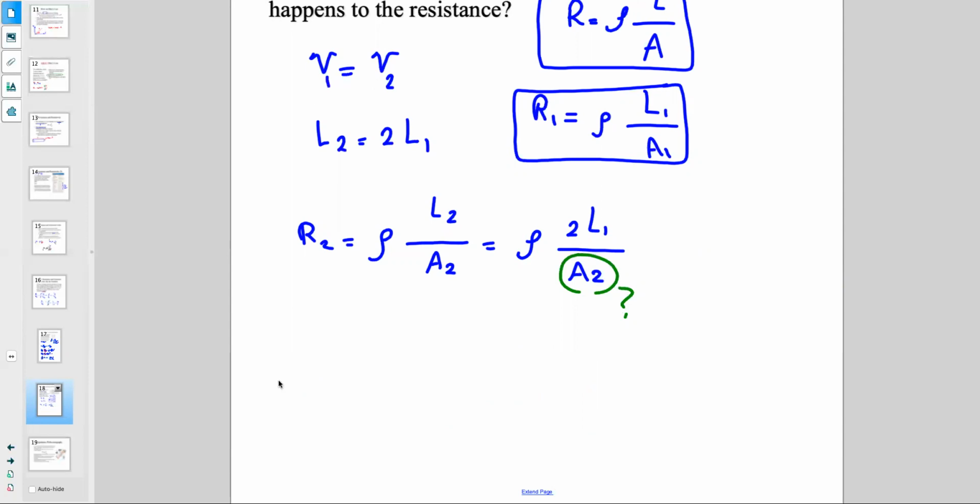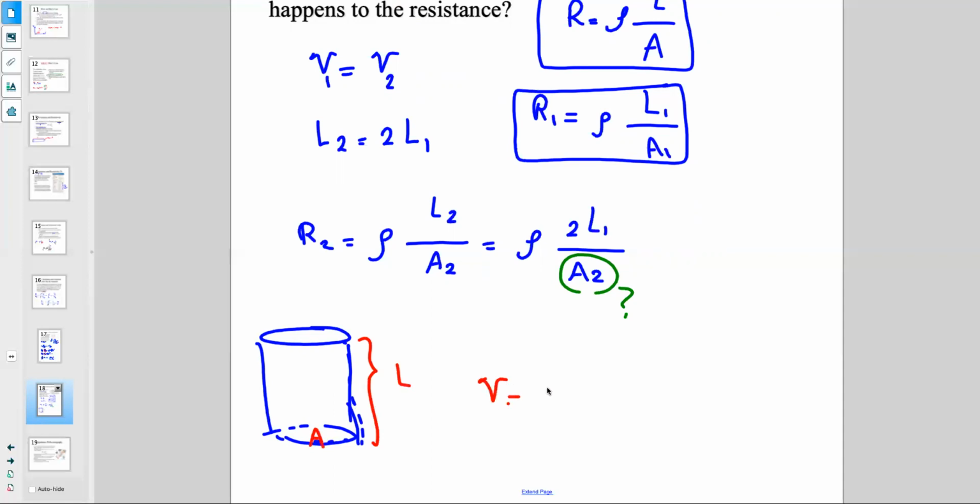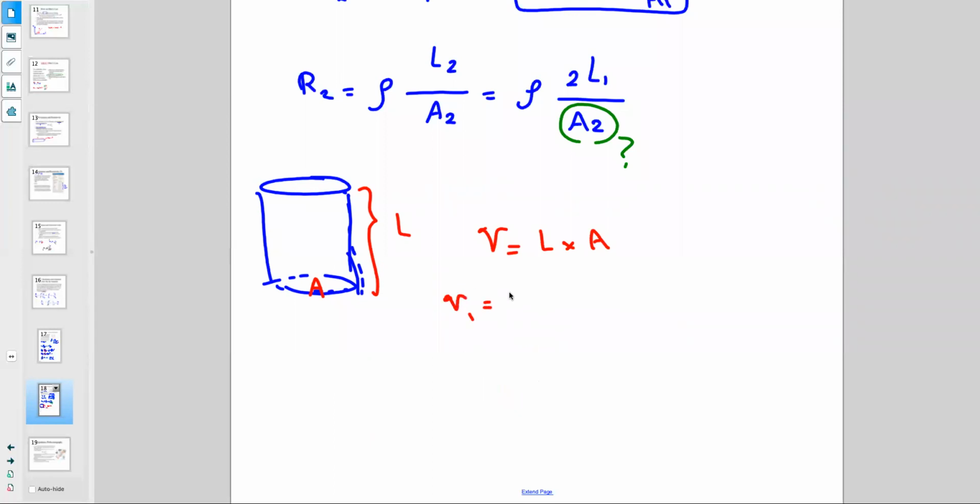It has the same volume. In other words, if this is our wire, then the volume for this wire is L times A. So the volume is length times the cross-section area. Since V1 and V2 are the same, L1 A1 should be equal to L2 A2.